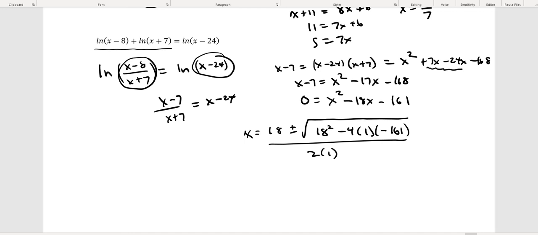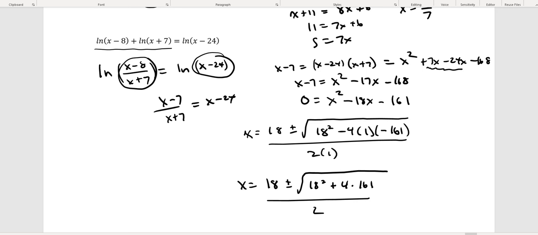I usually don't bother writing the minus because it's squared anyway. And I am going to just leave this answer like so because I don't feel like doing any arithmetic. I'll just write it. How about 18 squared, plus, since minus and minus make a plus, 4 times 161, and then all over 2.